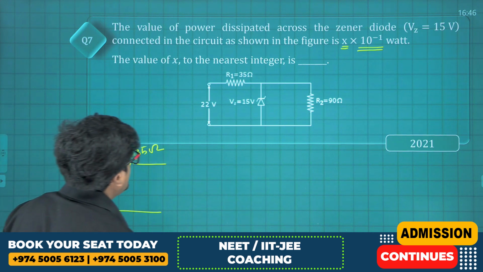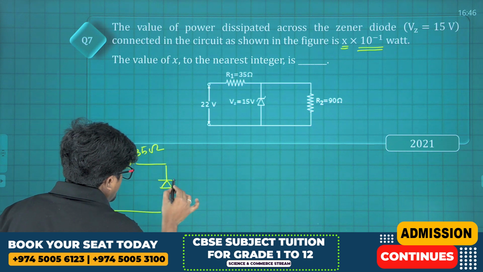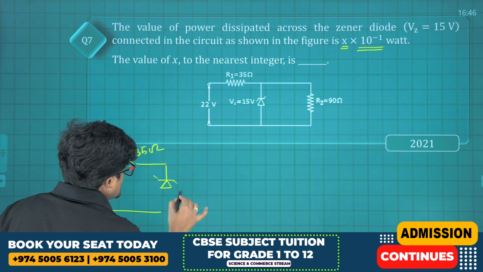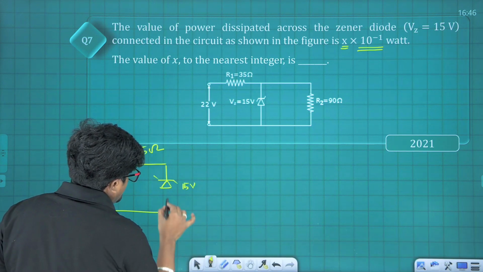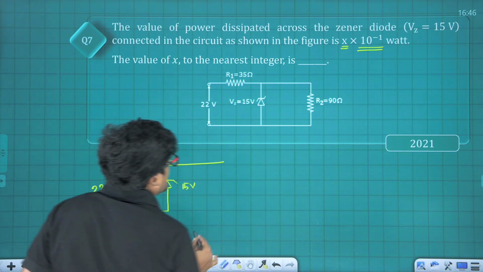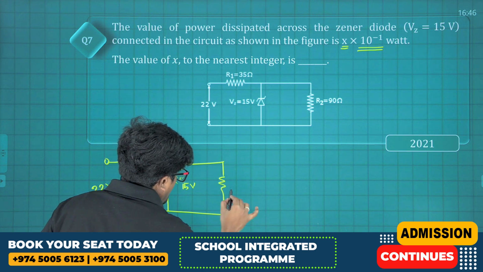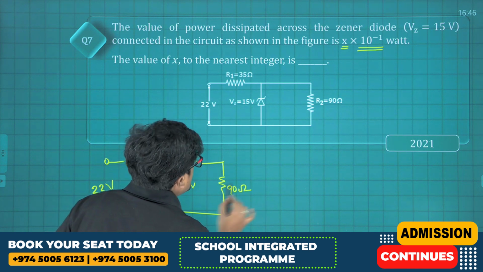And here is that Zener diode whose breakdown voltage is 15 volt, and followed by that we have got a 90 ohm resistance.